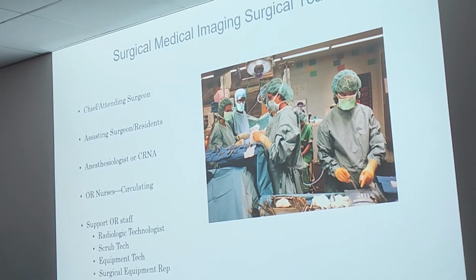So it's a very highly stressful environment. So our role as a radiologic technologist is to maintain the sterile field and know how and when to move, where to move the C-arm. If you are moving the C-arm and you hit somebody on the head, or if you hit the light bulbs on the ceiling, they're going to look at you like, do you know what you're doing?